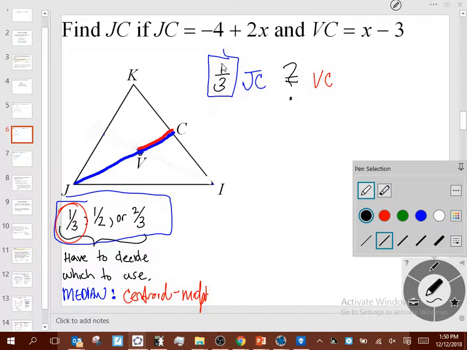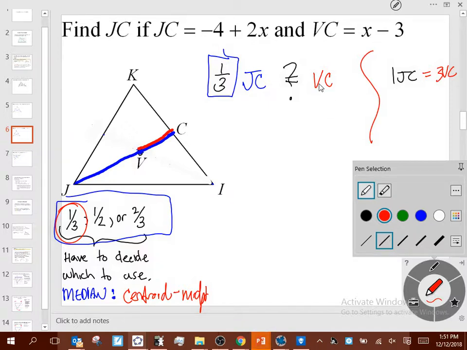Now, if you're a person that doesn't like to reduce things, multiplying by a fraction is just division, right? Multiplying by 1/3 is simply dividing it by 3. If you don't like that and you prefer to multiply, could I take the red one, and what would I need to multiply the red one by to make it grow into the blue one? 3. So I could say that 3 VCs should equal 1 JC.